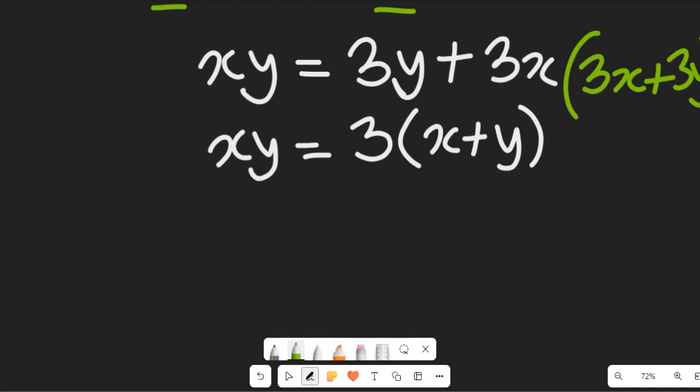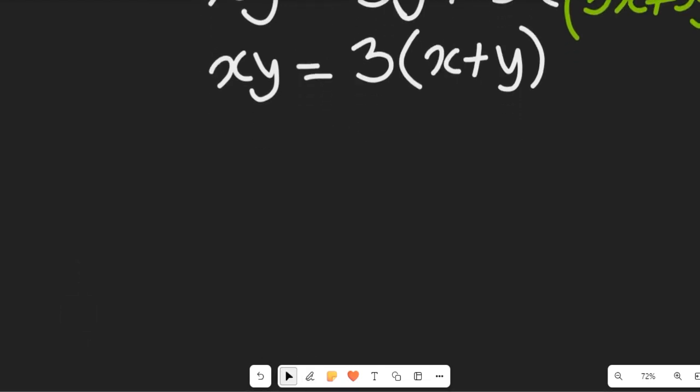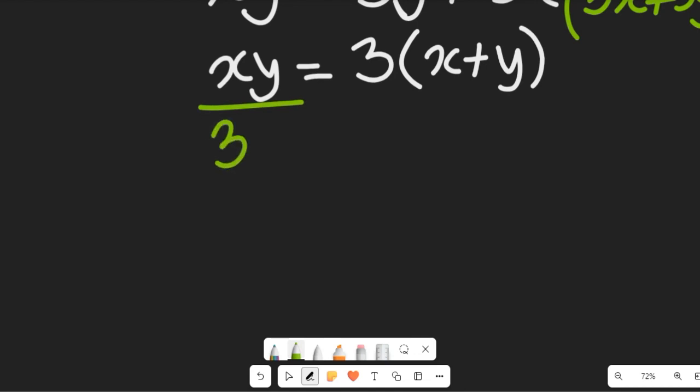So if we have that expression, what we'll simply do is divide both sides by 3xy.